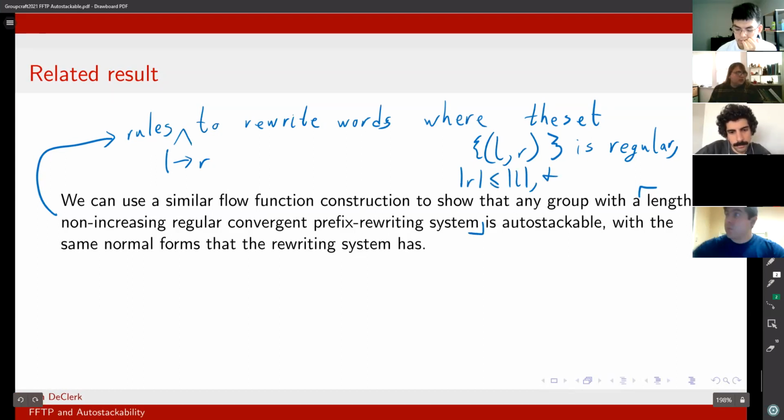And there's a couple of other conditions. I'm just going to sweep those under the rug. Termination and unique normal forms are the two big ones.